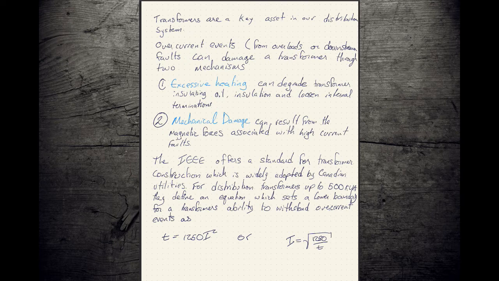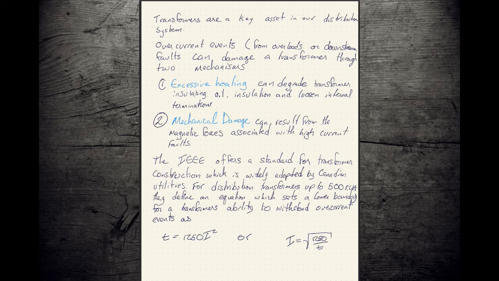And that withstand equation represents a boundary, above which it is assumed that the transformer is going to suffer some damage, and anything under that, it's assumed that the transformer is going to be A-OK. Now, you have to assume the transformer will be damaged if you cross that line.